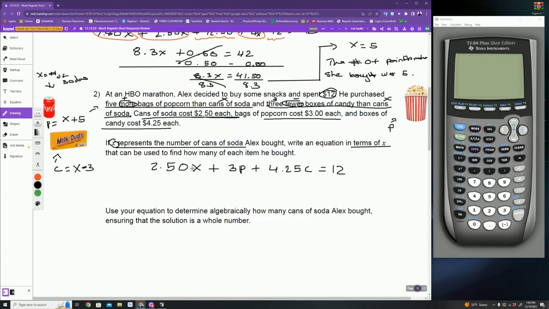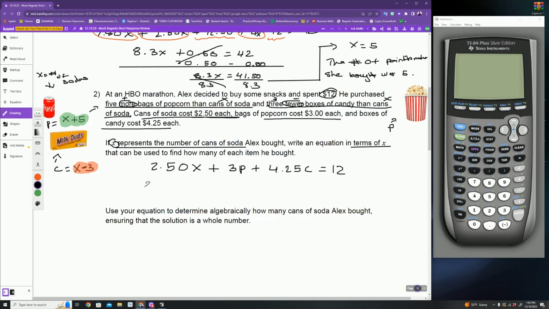But now, again, they want it just in terms of x. So we know that we have C is x minus 3, and P is x plus 5. So what we're going to do is use this information to substitute the values in so we have an equation with just the value of x.